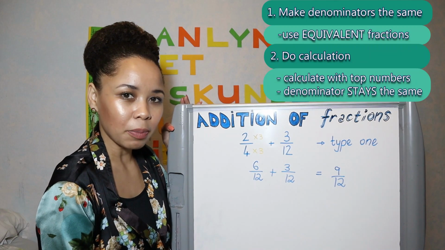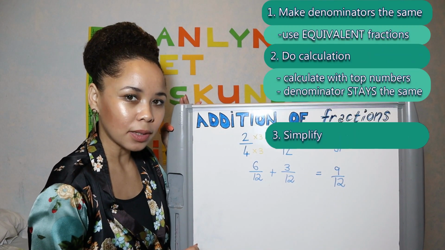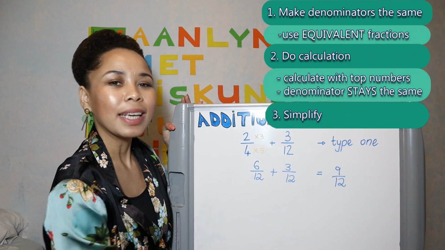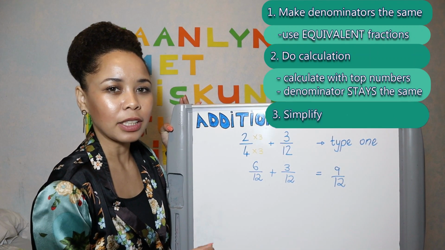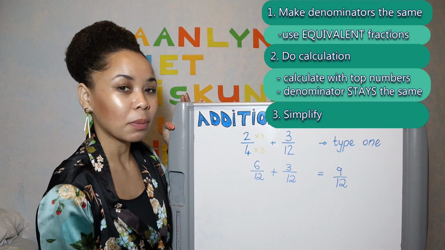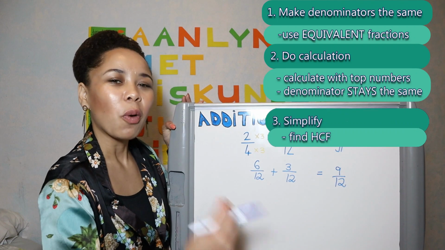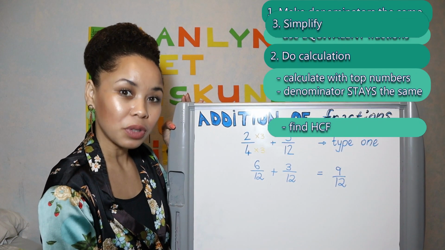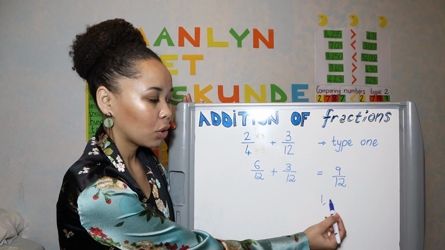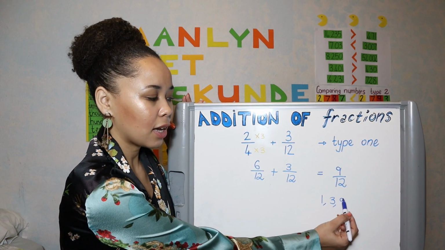Your final step is to simplify your answer. Now if I look at my answer, I have 9 divided by 12. Is there a number that can divide into both 9 and 12? So what I do now is I look at my highest common factor. What are all the numbers that can divide into 9? 1, 3, and 9.